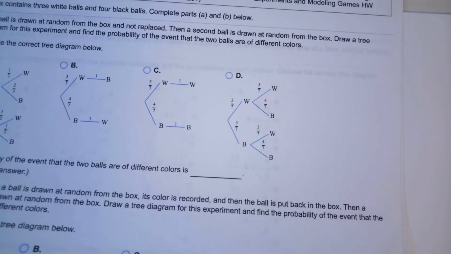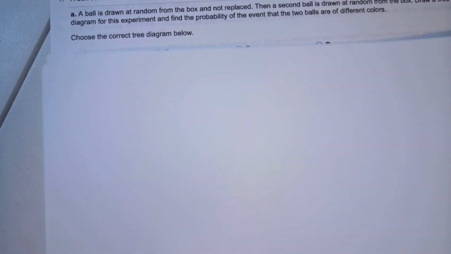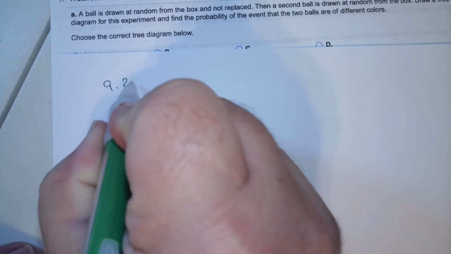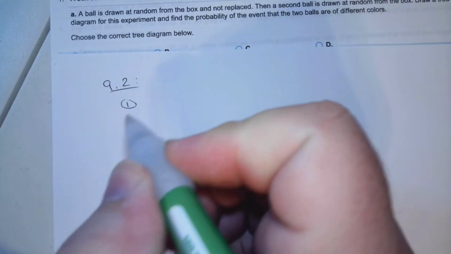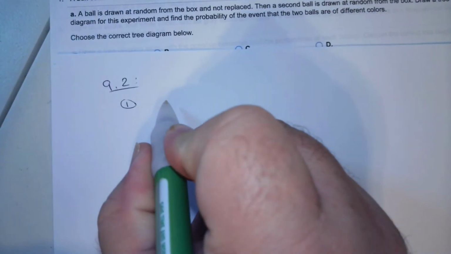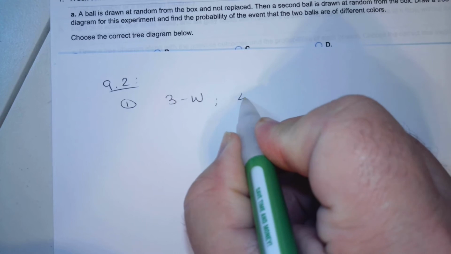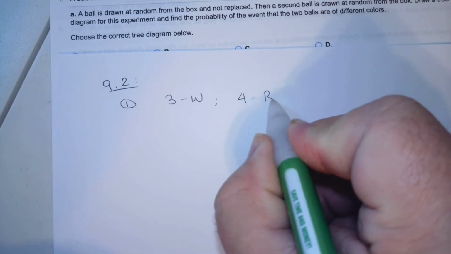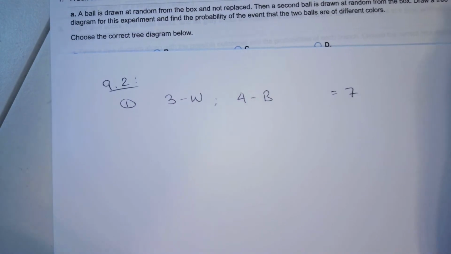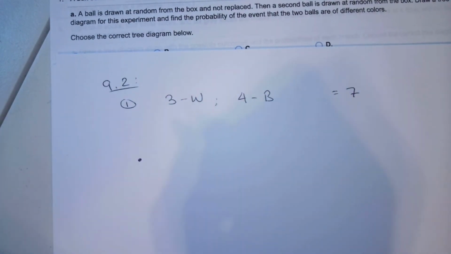Alright, so let's look at the event. So this is 9.2, number 1. We have 3 white balls and 4 black balls, total 7 balls. So here's our initial event.